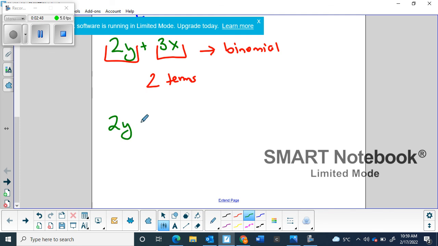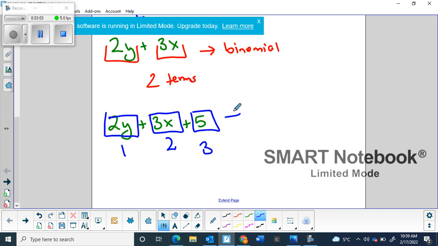Then let's say we take 2y plus 3x plus 5. We start here and we continue until we get an adding or subtracting sign. That's one term. We start here, continue until we get an adding or subtracting sign. That's 2 terms. And we go here until the end. That's 3 terms. That is called a trinomial. Anything greater than 3 terms is called a polynomial.